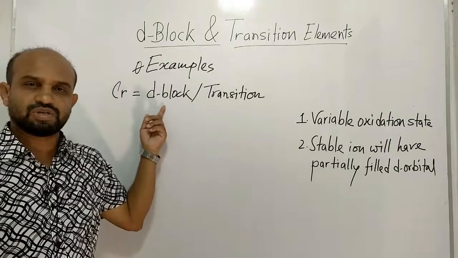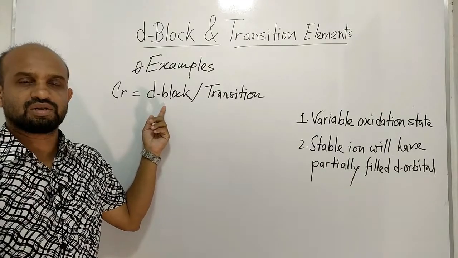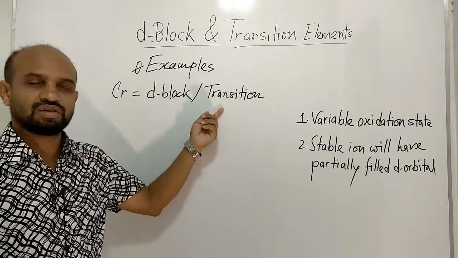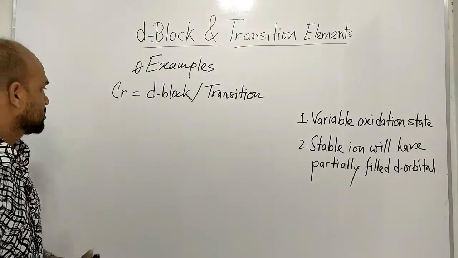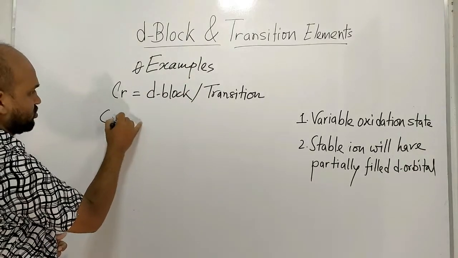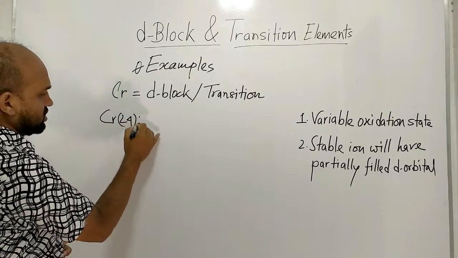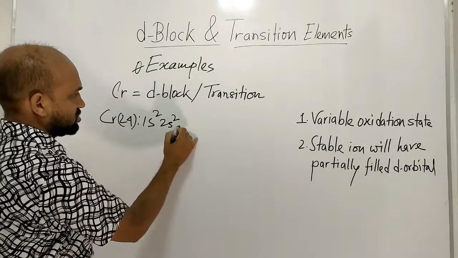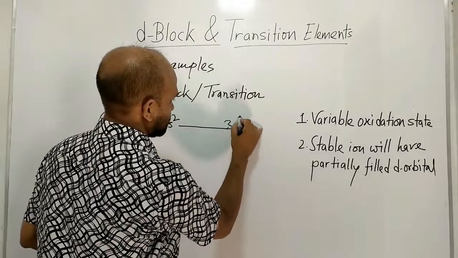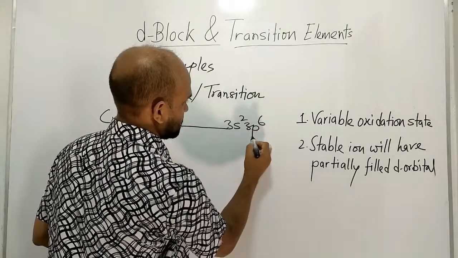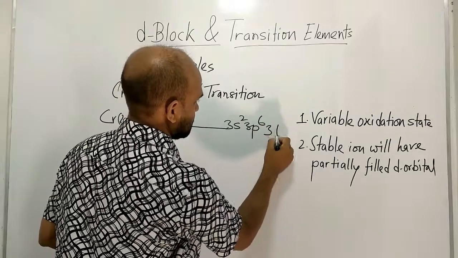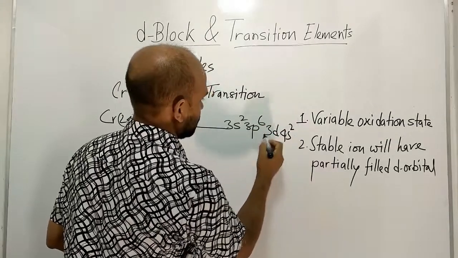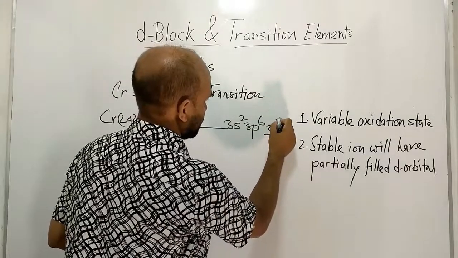Chromium is a kind of d-block element, but let's see whether it is a transition element. Chromium 24, electronic configuration is 1s2, 2s2, 3s2, 3p6, 3d4, 4s2.